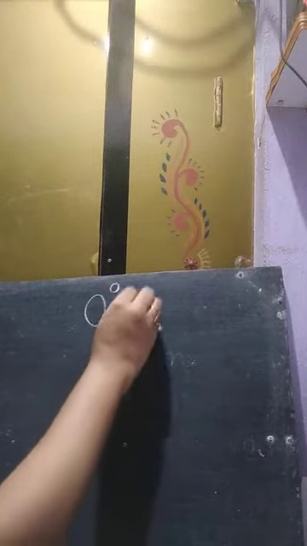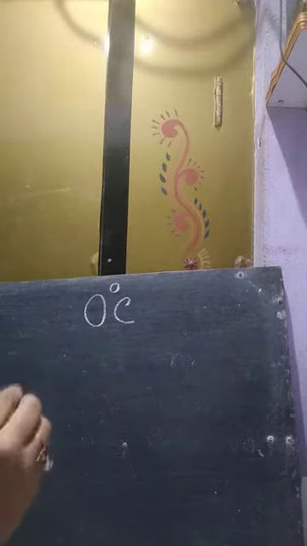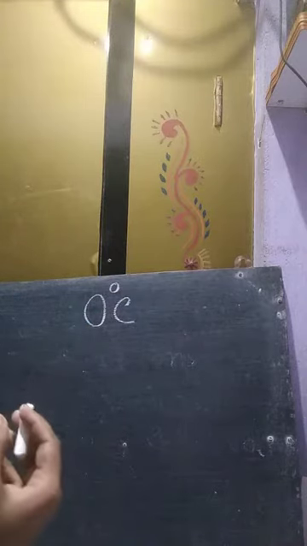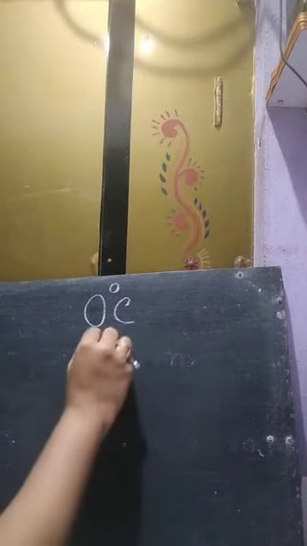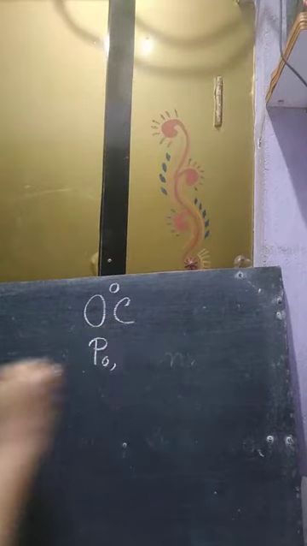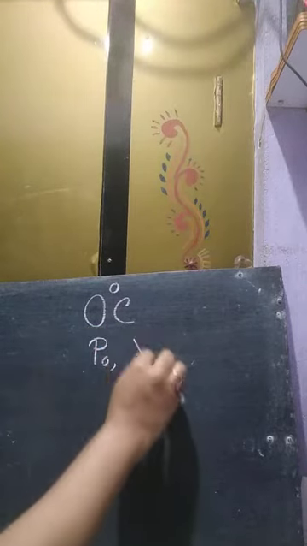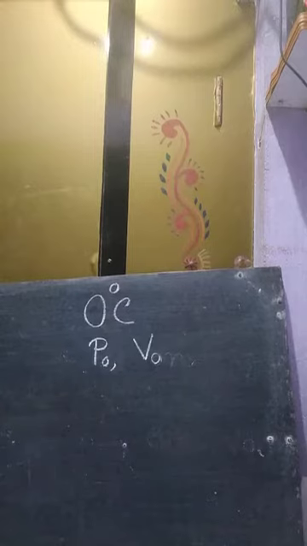First of all, let us take a gas at 0 degrees Celsius, with initial pressure P0 and initial volume V0.